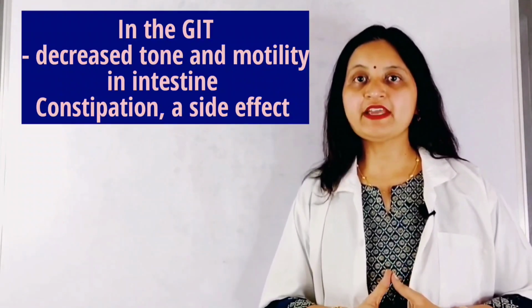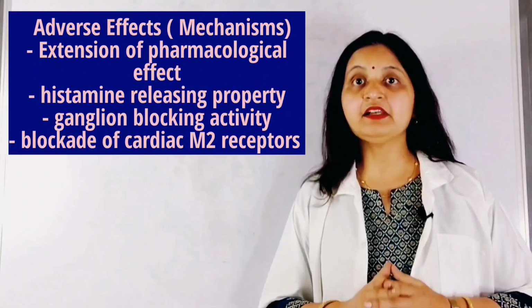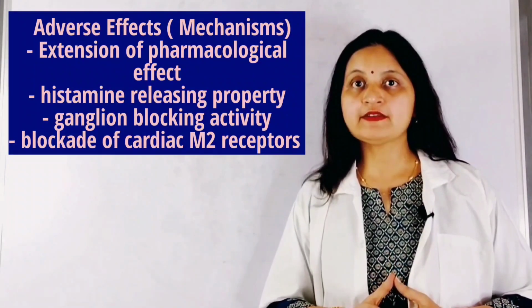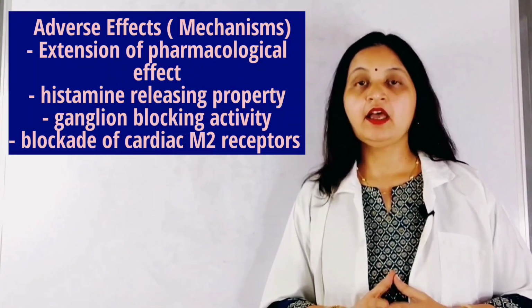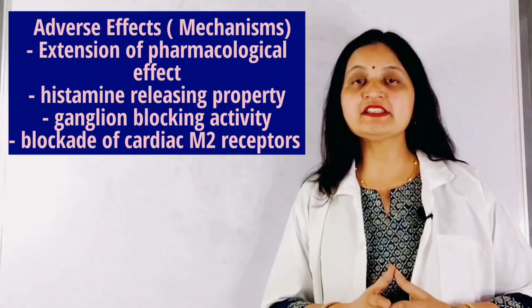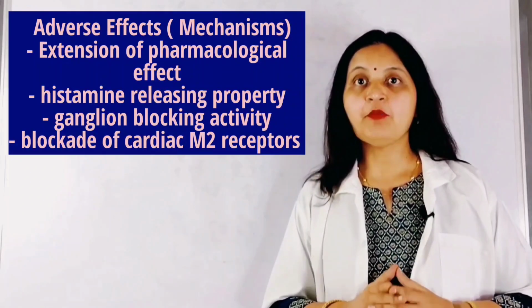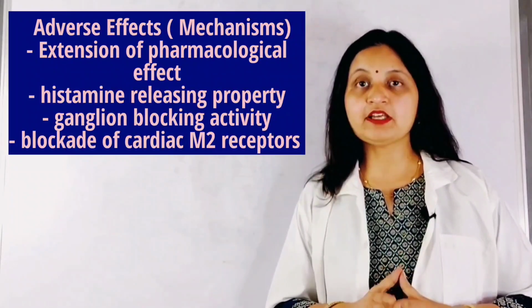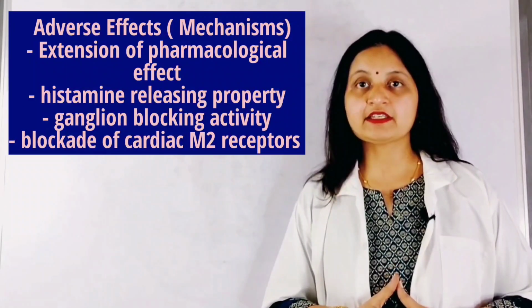Thus, adverse effects can be caused by extension of pharmacological effects such as skeletal muscle paralysis causing hypoxia and respiratory paralysis as a side effect. In addition, pharmacological properties such as release of histamine from the mast cells, ganglion blocking activity, blockade of muscarinic receptors or vagolytic action can cause additional side effects.